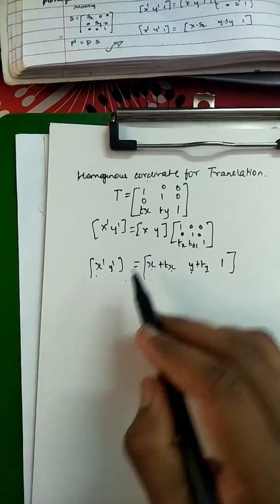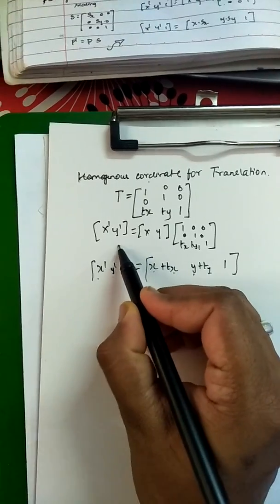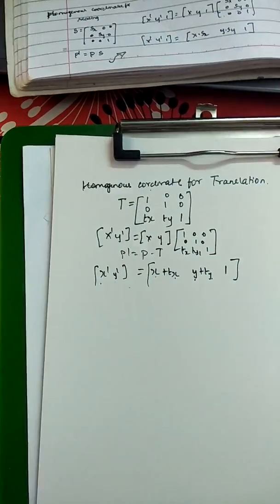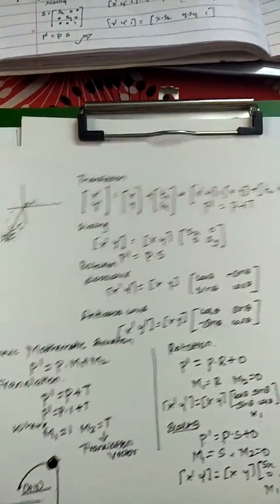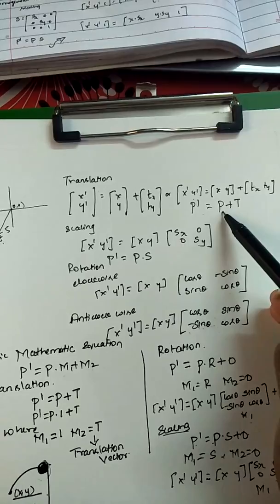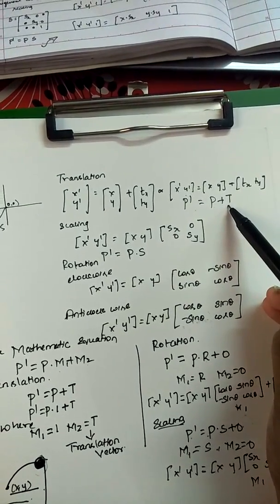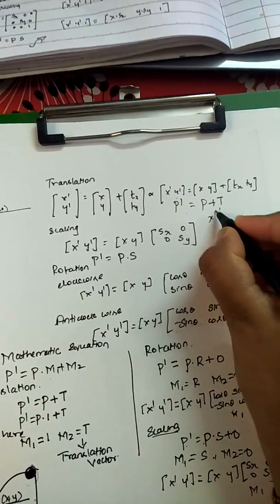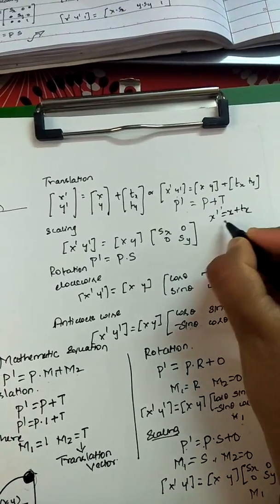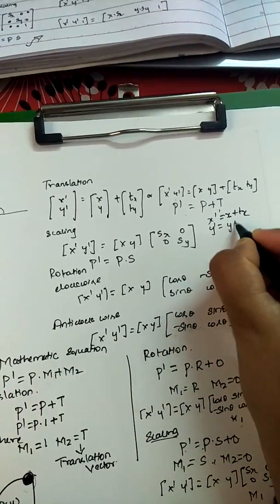Correct. But P dash is P into T now. Can you just check the difference here? Previously, with respect to translation, P dash was P plus T. Correct. That means the new coordinate will be the existing old coordinate plus Tx, and the same with respect to Ty.